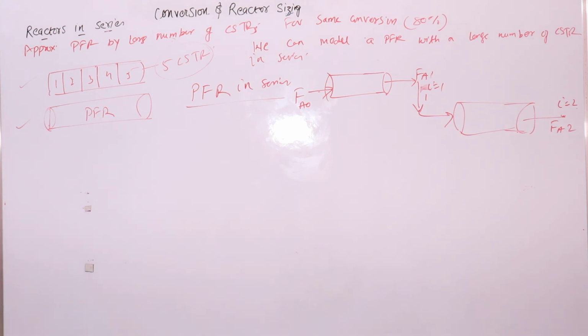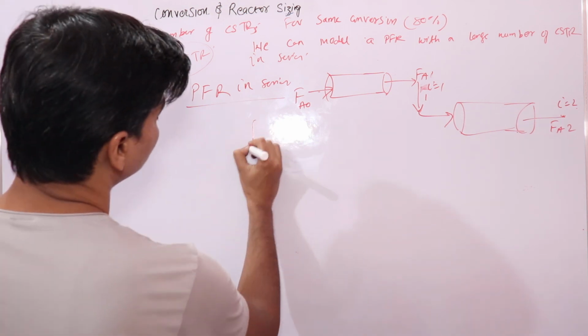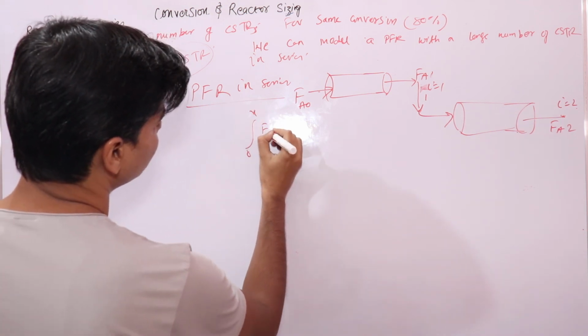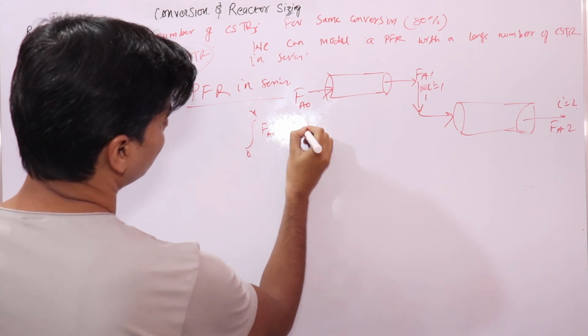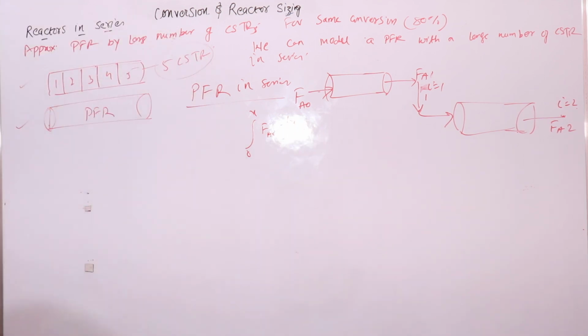The design equation for plug flow was V equals the integral from 0 to X of FA0 dX upon minus RA.